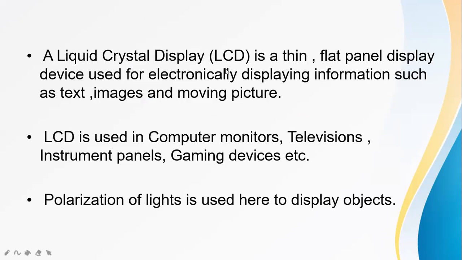An LCD is a thin flat panel display device used for electrically displaying information. Generally, we see LCD displays. Some televisions these days are also LCDs. And notice boards, previously there were LED displays, but nowadays these are LCD displays.